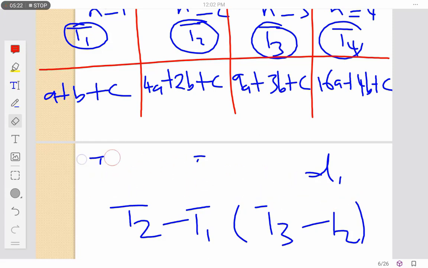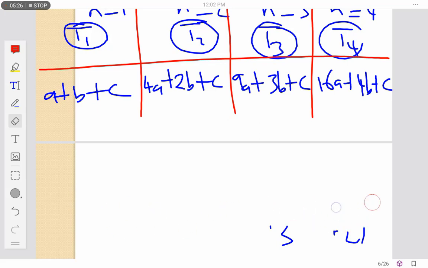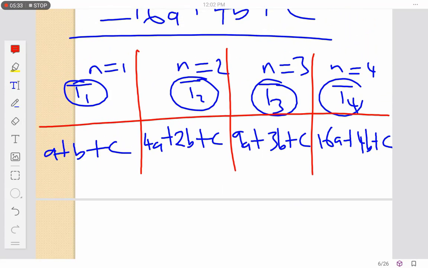Let me rub this off so that we continue using the information above. For the common difference now, I will have the differences between these points. That's the D1 that we want to find.